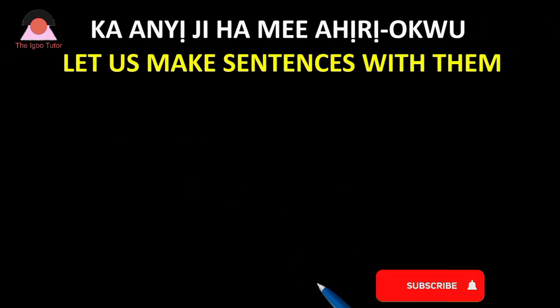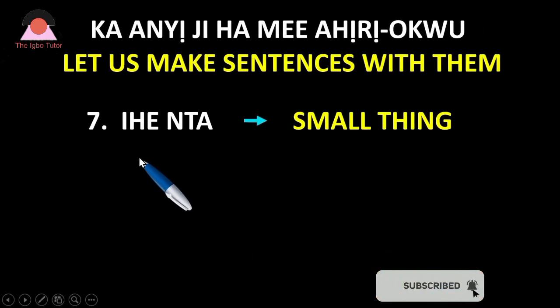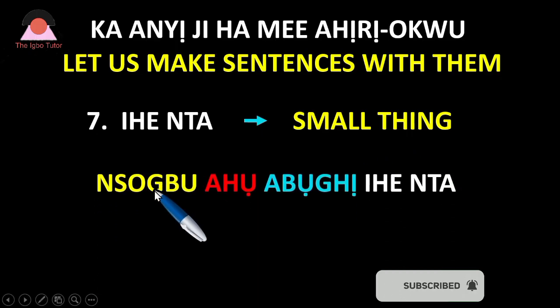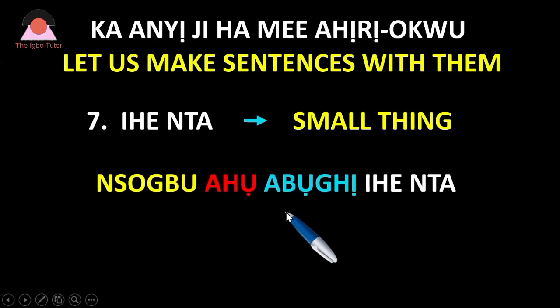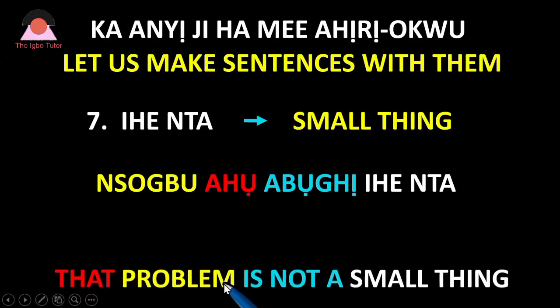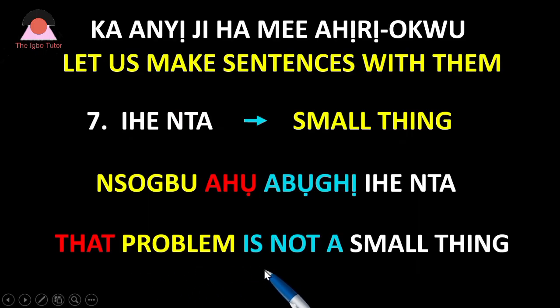We go to number 7, and the phrase is ihe nta, small thing. Nsogbu ahụ abụghị ihe nta. Meaning, that problem is not a small thing.